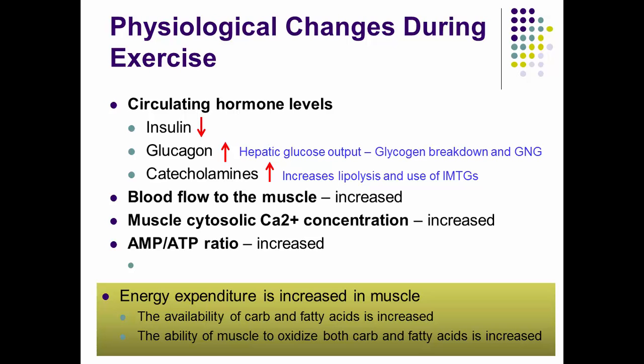So AMPK can be stimulated by an increased AMP to ATP ratio. Remember this, right? AMPK is a kinase, very important in the regulation of energy metabolism. Two things can be regulated by AMPK. Remember, we just talked about one, right? GLUT4 translocation to the cell surface to increase glucose uptake into the muscle. And the second thing is, remember, what does AMPK do?